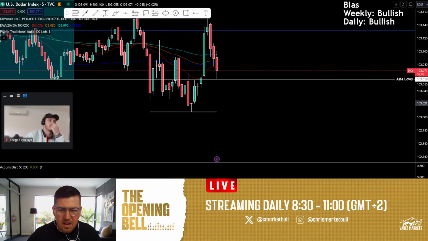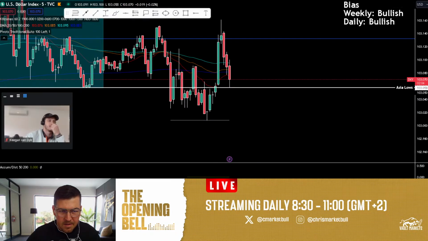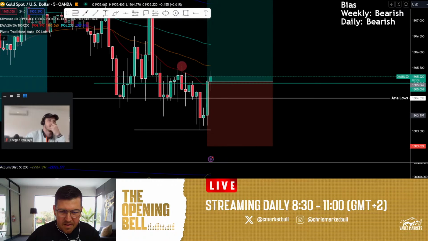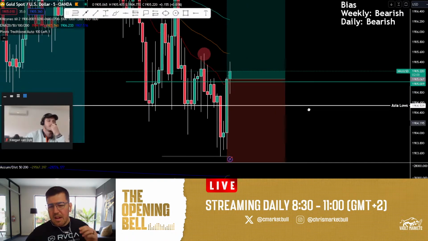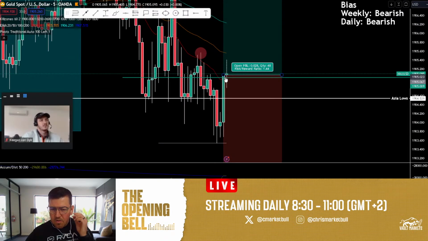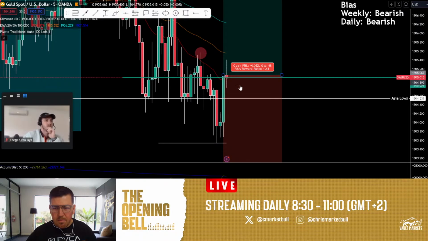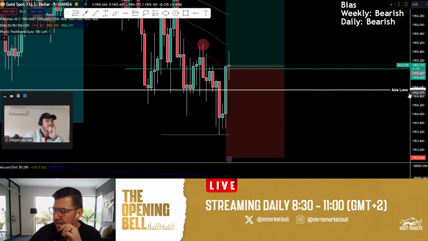Also DXY currently at the Asia lows, so very tricky situation we are in. But let's see. This is the trade I'm in. Took a gold buy basically from the 1905 level, and let's see if we can get a push.